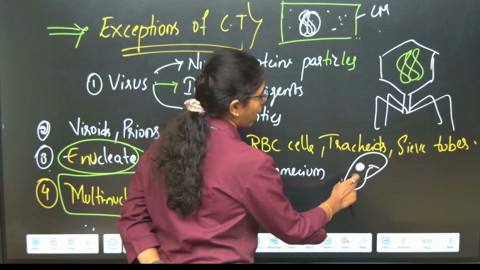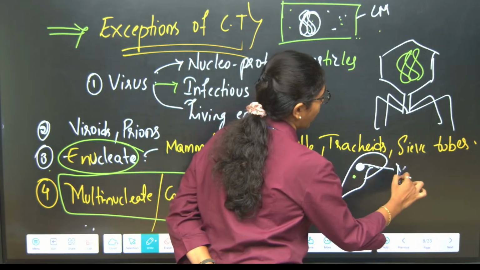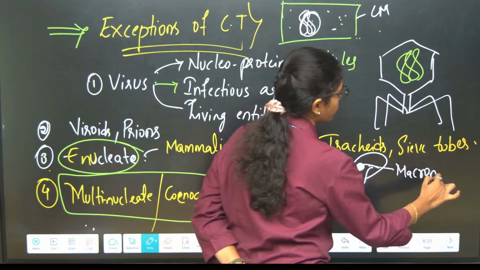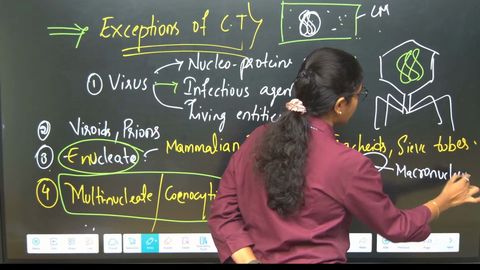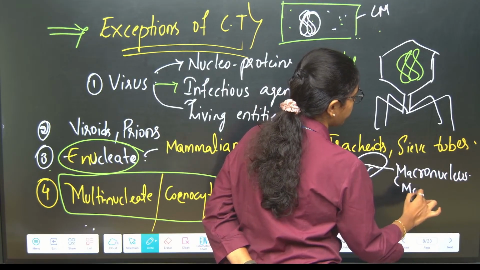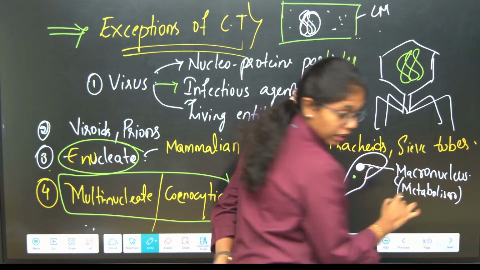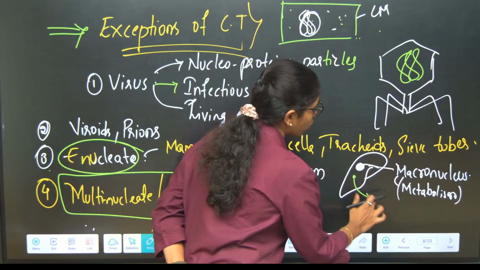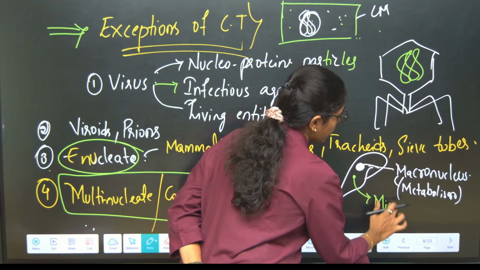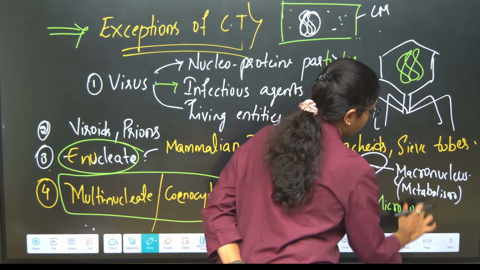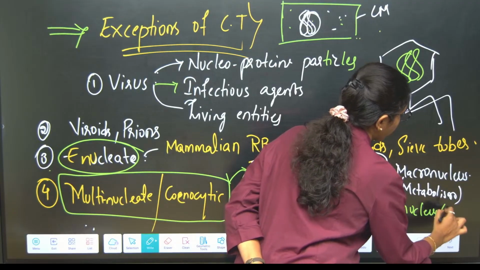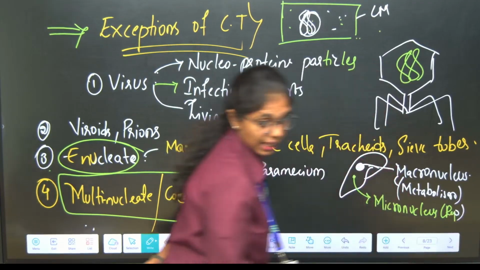The macronucleus will control all the metabolic activities of the cell, and the micronucleus will take over the reproductive activity of the cell. Fine.